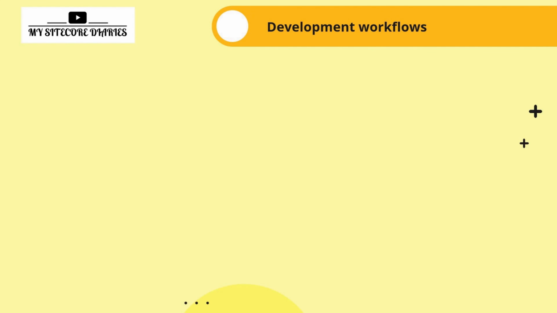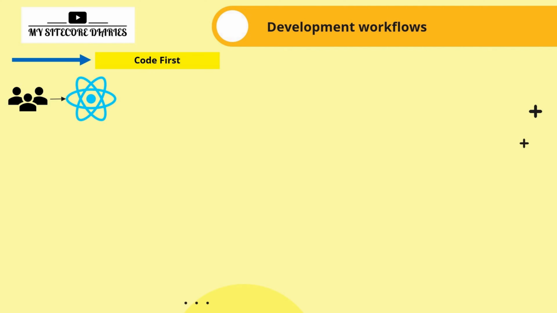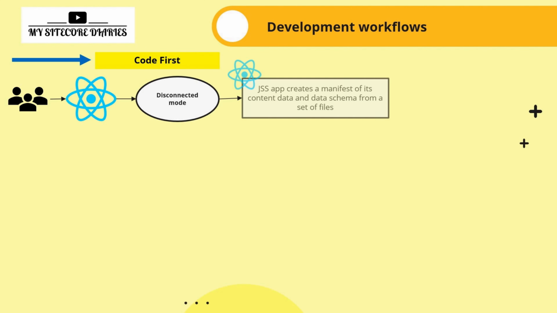So let's see what a development workflow is. There are two kinds of development workflow. One is code first development, and another is Sitecore first development. If you talk about code first development, the developers will work on the React application in disconnected mode. Now what is disconnected mode? We are going to see it further, but for now remember that disconnected mode means you are not connecting to Sitecore.